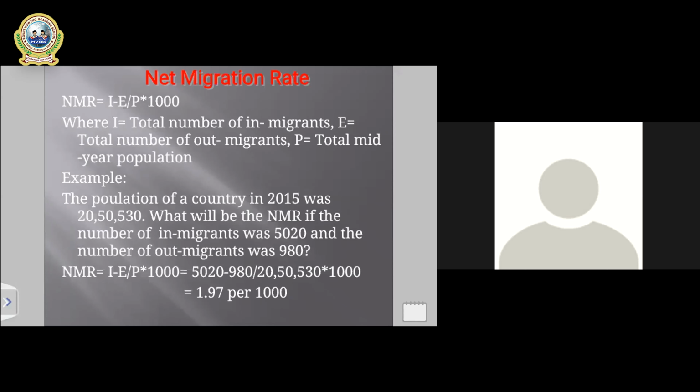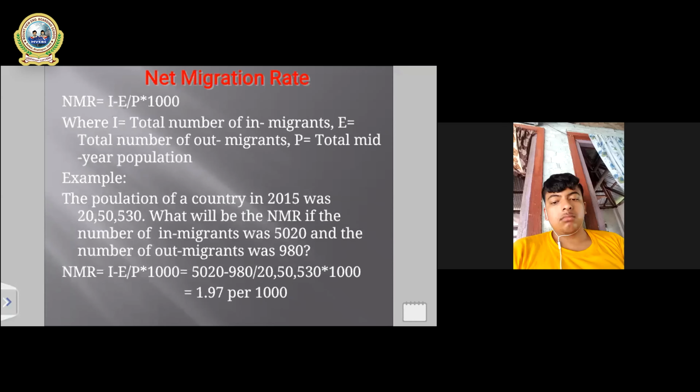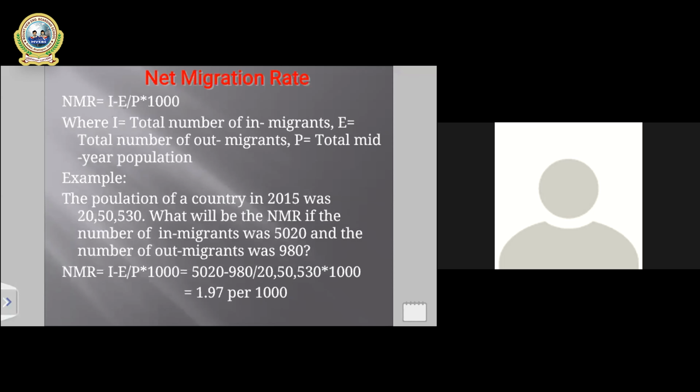Incoming population minus outgoing population, divided by the mid-year population. P means the total number of population, right? Multiplied by 1000 to calculate NMR.